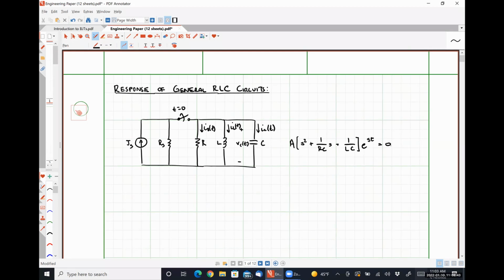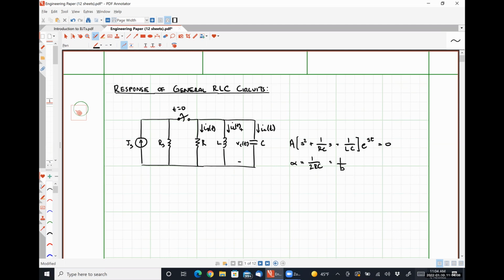And from this equation, we found that alpha, our Neper frequency, was 1 over twice RC, which is exactly 1/2 of the coefficient B in this quadratic equation, right?